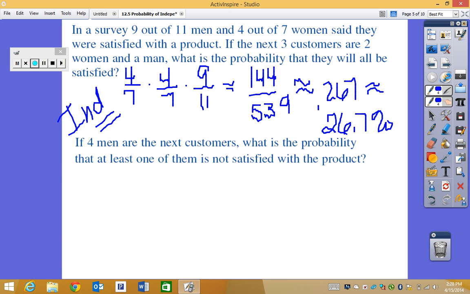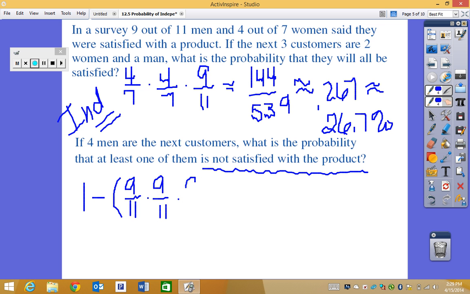In the next question, it says if 4 men are the next customers, what is the probability that they will not be satisfied with the product? So what we can do is use the complement. We're going to subtract the 4 men that are satisfied. So we have 9 out of 11, 4 times. We're going to subtract that product from 1, and that's going to give us the customers that are not.